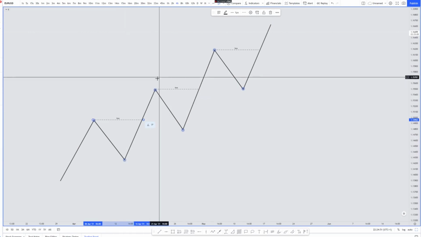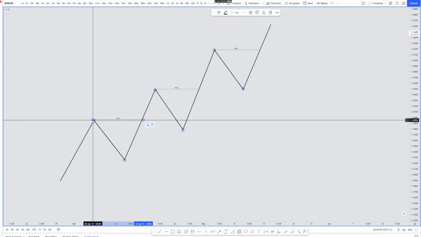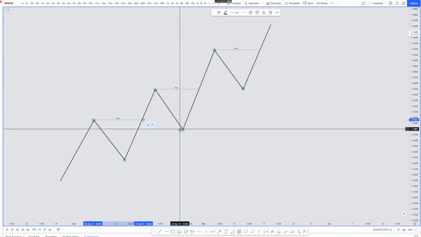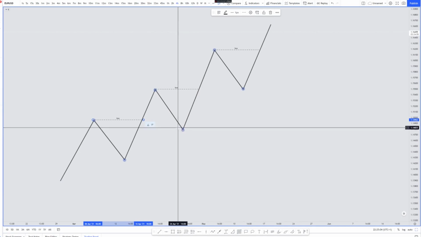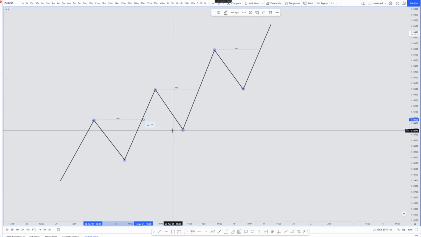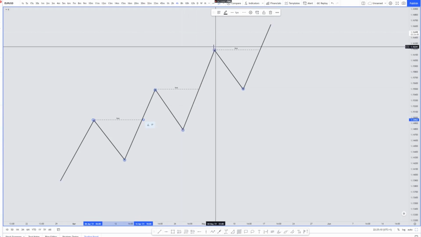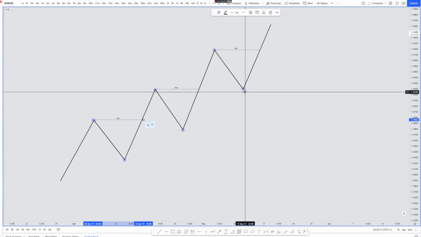Higher high, higher low, higher high. When this higher high printed and we took this high, my expectation is we're going to get some sort of a pullback. More often than not, it'll come to a relative equilibrium pricing. Not always, but most of the time it will. Now as we put in another higher high, my expectation is once again to have a pullback.